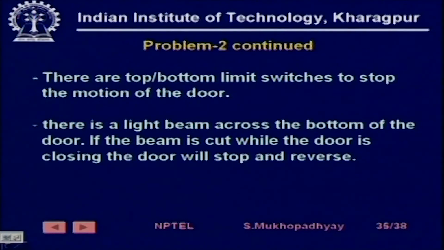There is a light beam across the bottom of the door. If the beam is cut while the door is closing, then the door will stop and reverse. Suppose you put something below it while the door is closing. You are trying to ensure that the door can actually close, because otherwise the door will get stuck if you have kept anything there.